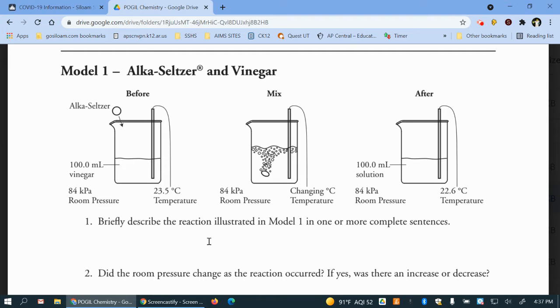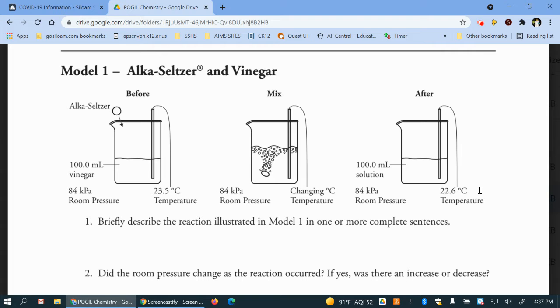Good. What I see happening in the experiment is Alka-Seltzer is added to vinegar. The tablet bubbles or produces gas. And I see that the temperature changes from 23.5 degrees to 22.6 degrees. So the temperature decreased.